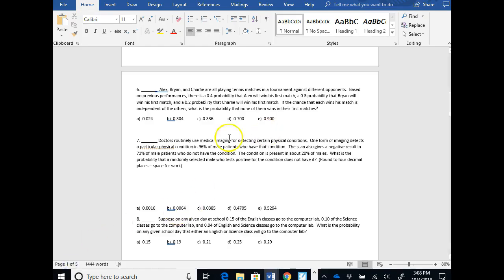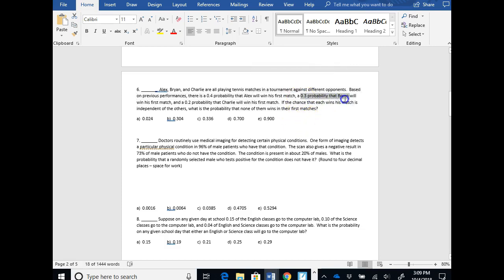On number 6, it talks about Alex, Brandon, and Charlie, and their probabilities of winning their matches. The question says, if they're independent of each other, what's the probability that none of them win their match? That's a sequence of events. Alex's probability of winning is 0.4, which means the probability of him losing is 0.6.